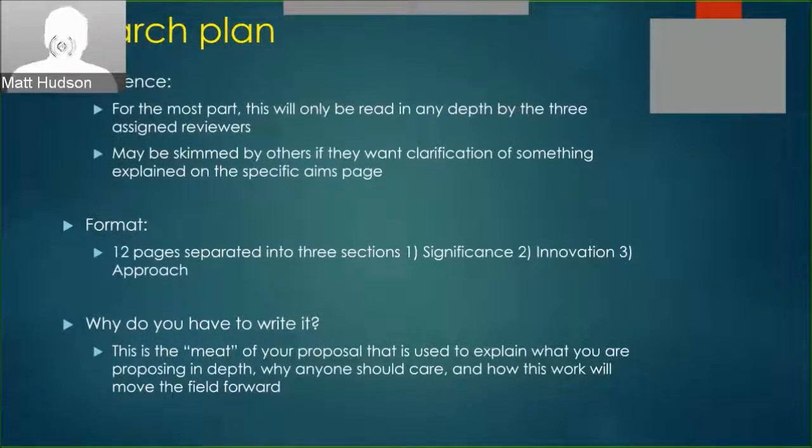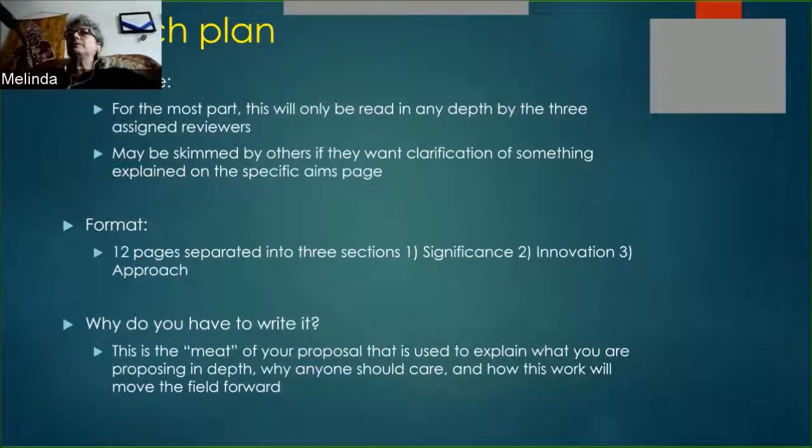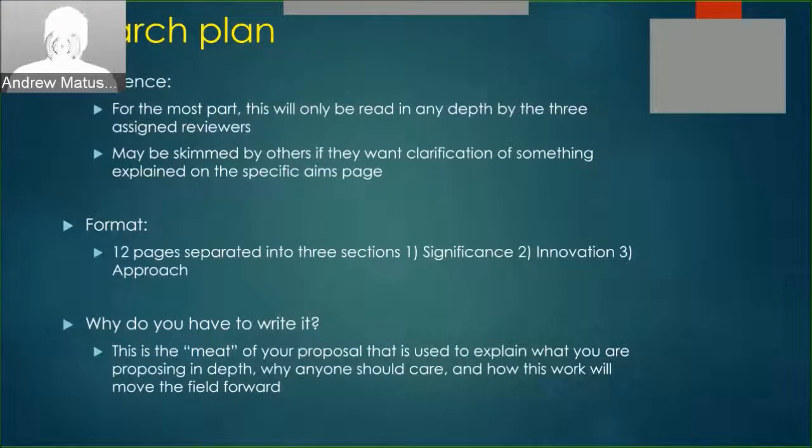The problem is that if your hypothesis is too vague, it's not really a hypothesis. You're just saying, I'm going to be studying this interesting thing. So you have to be careful about that as well.